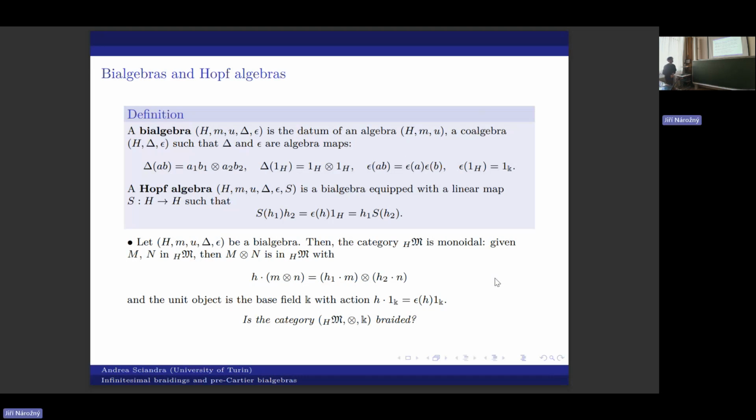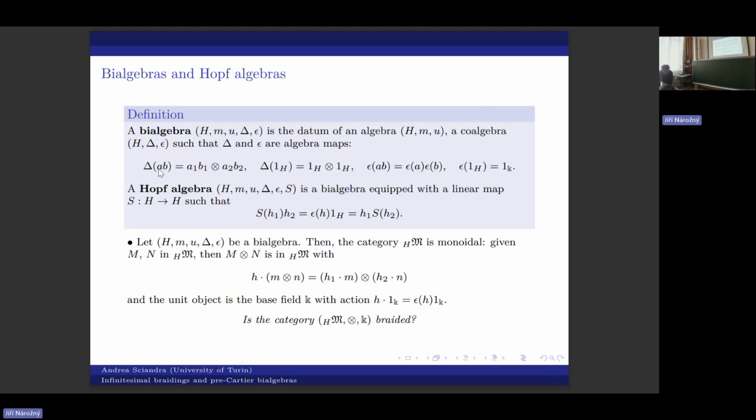But we also want these two structures to be compatible in the following sense. The coproduct and the counit are morphisms of algebras, or equivalently, multiplication and unit are morphisms of coalgebras. And you can see exactly this condition here. These last two tell you that epsilon is multiplicative and unital, while this tells you that delta, the coproduct, is unital.